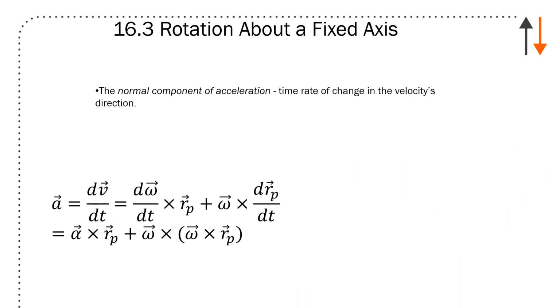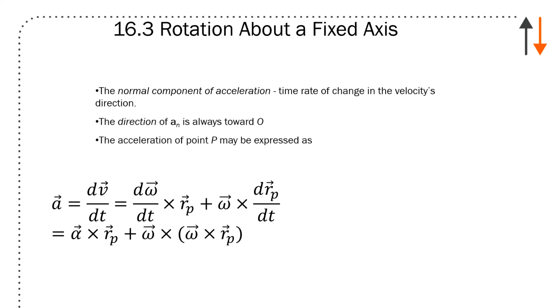The normal component of acceleration is the time rate of change in the velocity's direction. It's always pointing in towards the center of curvature, O, and the acceleration of point P can now be described as a combination. You have d omega dt, which is alpha, the angular acceleration, and it can be written as alpha, omega dot, or theta double dot.